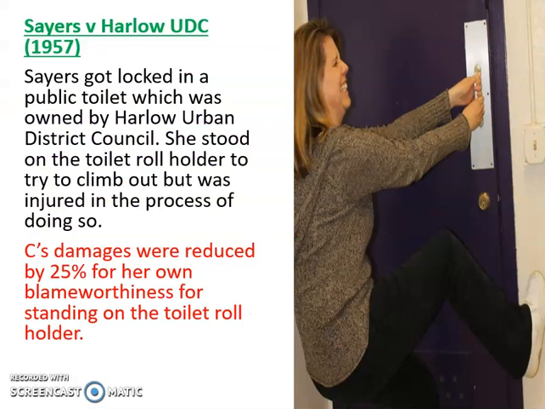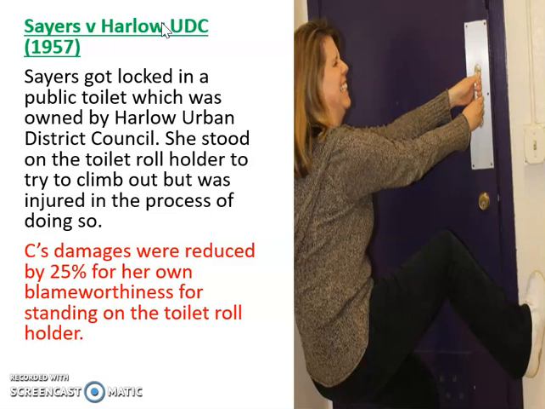In the case of Sayers v Harlow, Sayers got locked in a public toilet which was owned by Harlow District Council. So she got locked in a cubicle and she couldn't get out, and she'd been screaming and shouting, obviously, but nobody was around. So what she actually did was she stood on the toilet roll holder so that she could try and climb out of the cubicle.